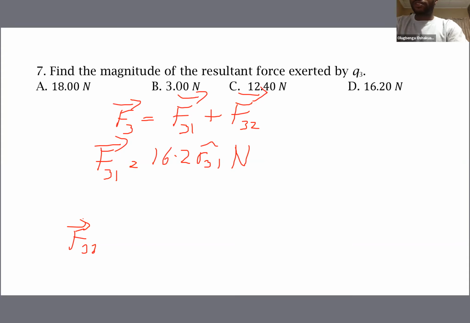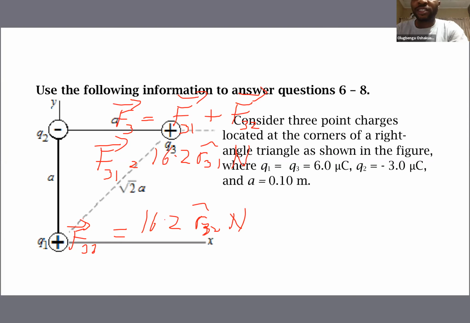We should also expect for R32 a value of 16.2 R32 caret newtons. So then the next question is, what is R31 and what is R32? Let's go back to the diagram. What is R31?